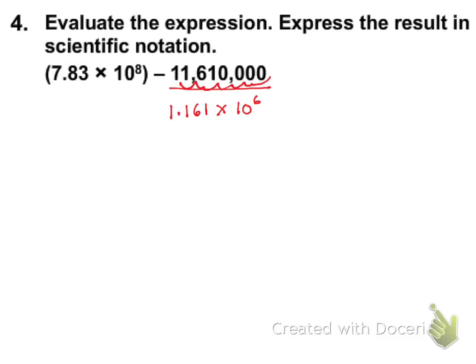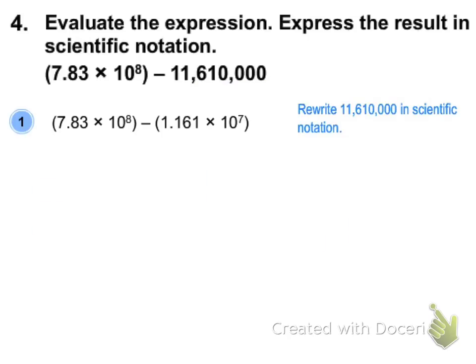The first thing we have to do is convert that to scientific notation. Now we have to get them to the same level, so they're being multiplied by the same common base. Now that I'm in scientific notation, oops, it was to the seventh power, 3, 6, 7, yeah.